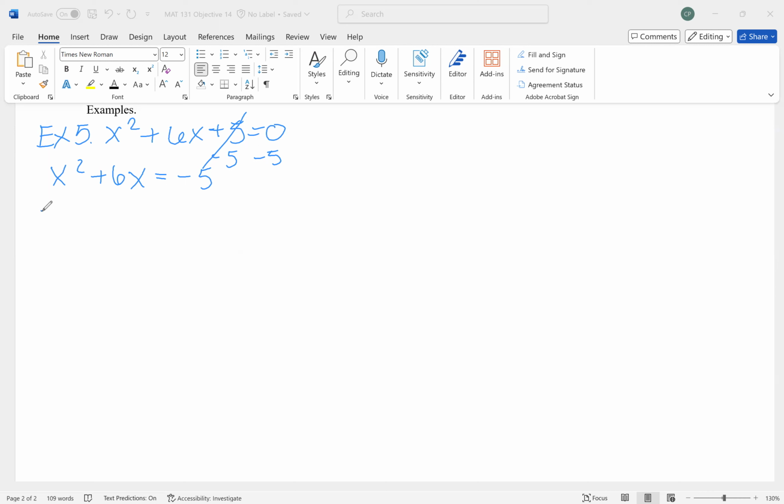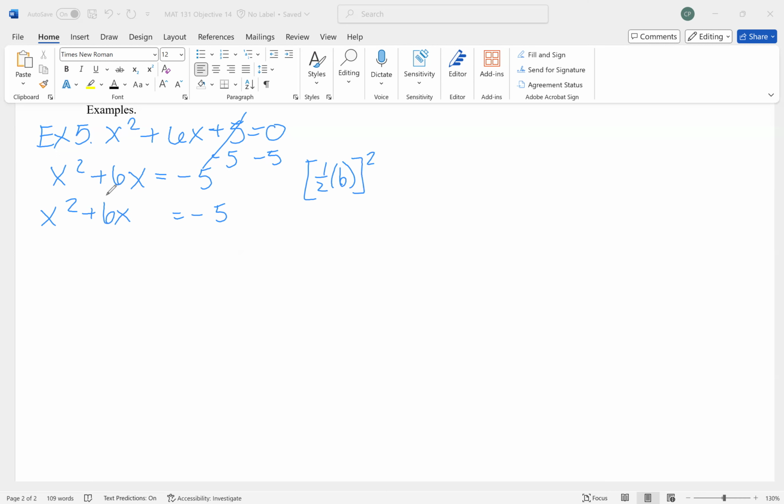Now, I'm going to rewrite this right quick and leave a little space because I'm about to figure out how to complete the square.